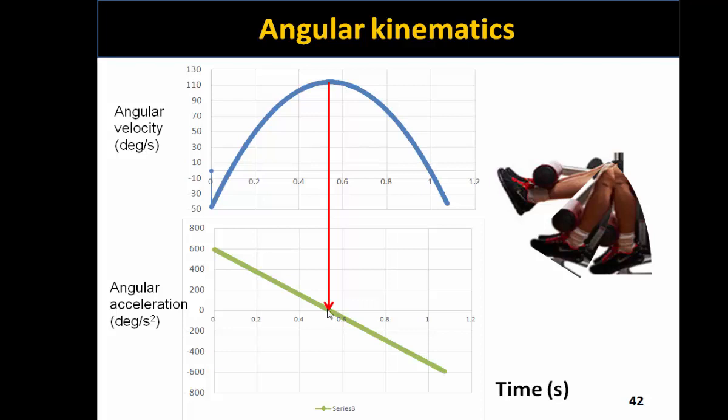So the acceleration function will move through that point. And if we examine the slopes throughout the angular velocity, we see that the slope is steepest at the very beginning. And at the very beginning, we know that no acceleration values will be greater than this, and it's heading in a positive direction.